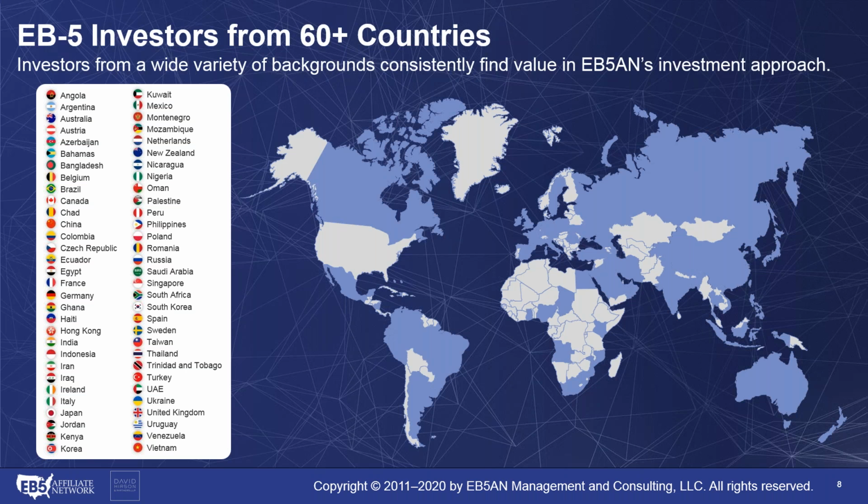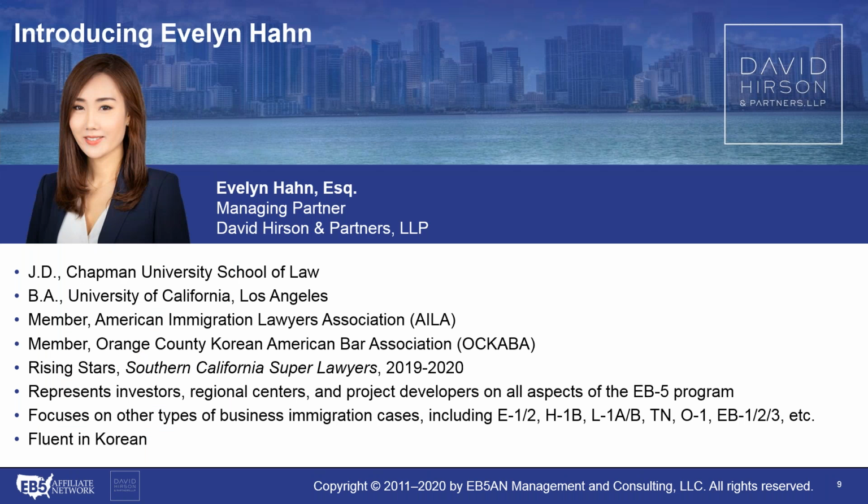Today we have the pleasure of having Evelyn Hahn join us as a panelist on today's webinar, talking about best practices for source of funds for South Korean nationals. Evelyn is the managing partner at David Herson and Partners, one of the top EB-5 immigration law firms in the space.